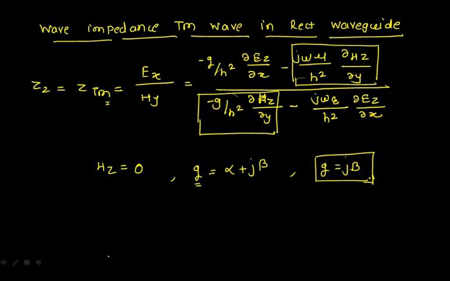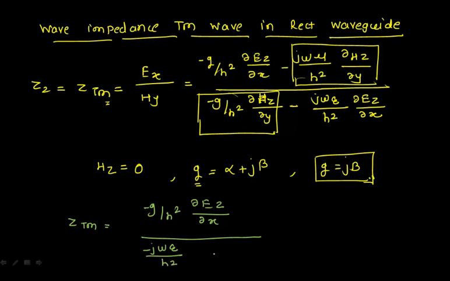So if I write this equation for the TM wave further, I can write ZTM is equal to minus gamma by h square dEz/dx, divided by, now this term will exist, j omega epsilon by h square dEz/dx. Now here you can see there are two equal terms, dEz/dx, so this will get cancelled. Again h square is also cancelled.